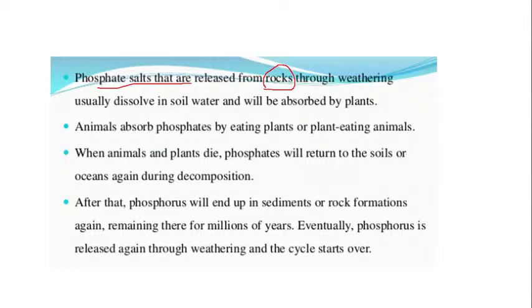Phosphate salts are released from rocks by weathering, degradation, or when rain comes into contact, the phosphate in the sedimentary rocks will dissolve in water. Dissolved in water, it will reach the soil and then it will be absorbed by the plants.